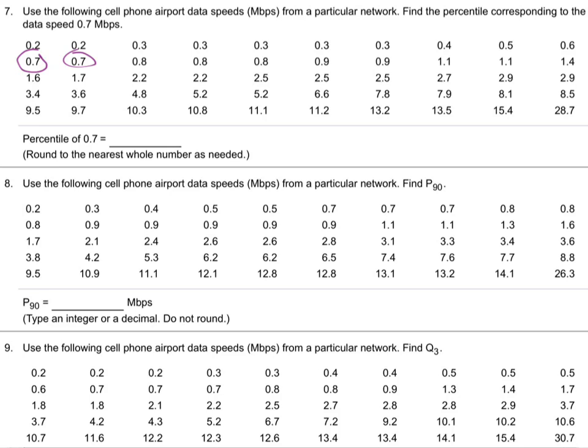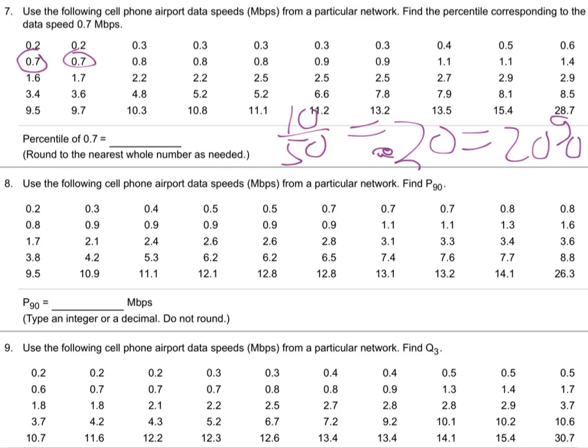Is this all making sense? So we're just going to include that top row, which is 10 out of 50, which is 0.20, which is 20%. So 20th percentile. So the 0.7 is at the 20th percentile mark.